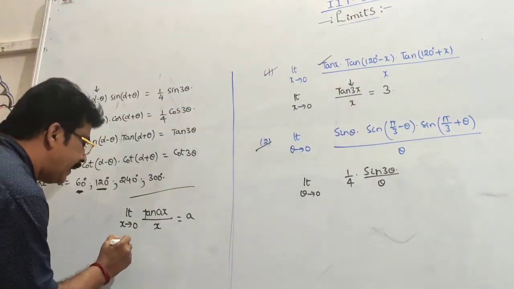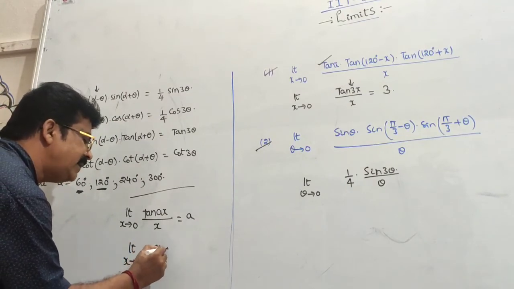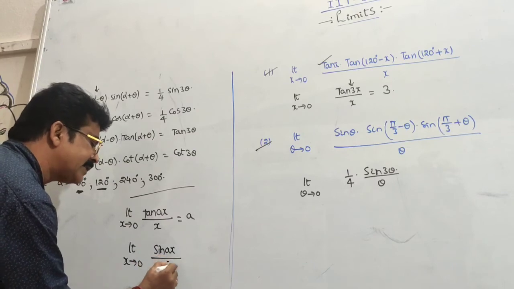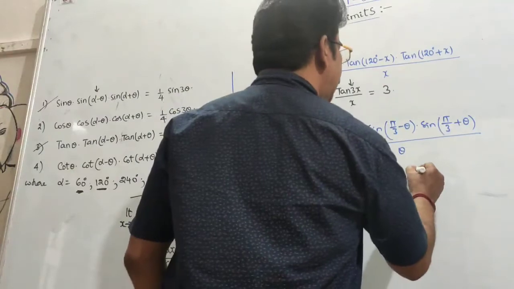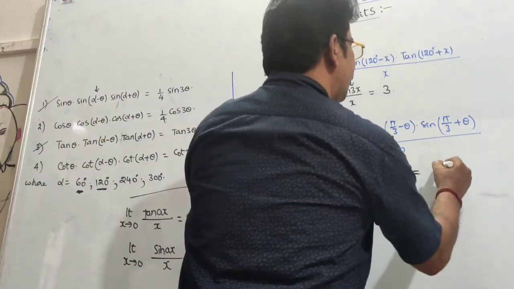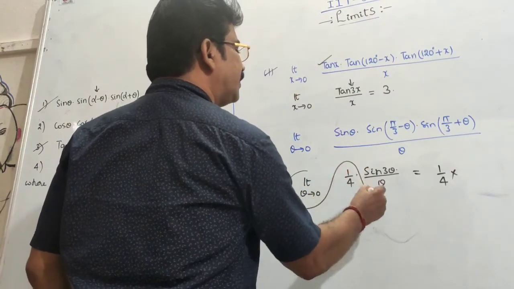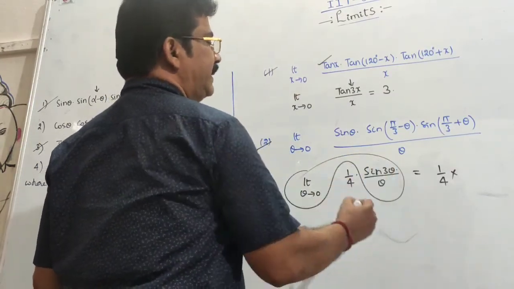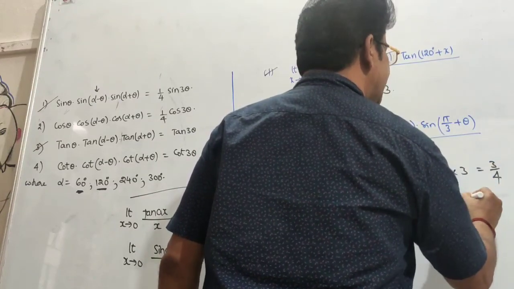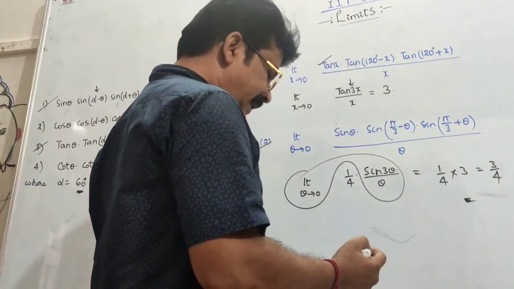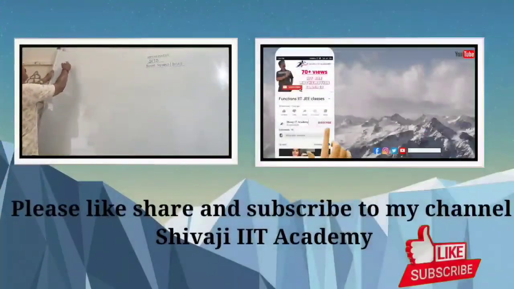Here also limit x tends to 0 of sin ax divided by x can be had directly as a. So 1 by 4 is the constant and limit theta tends to 0 of sin 3 theta by theta is 3. So simply it is 3 by 4. This is the simple application with the help of trigonometry. Remember.